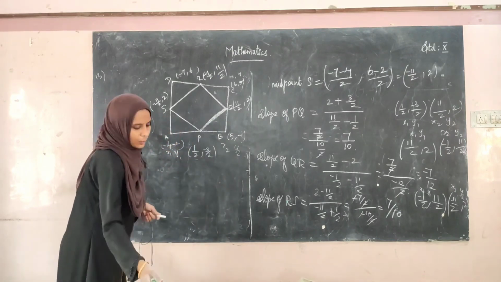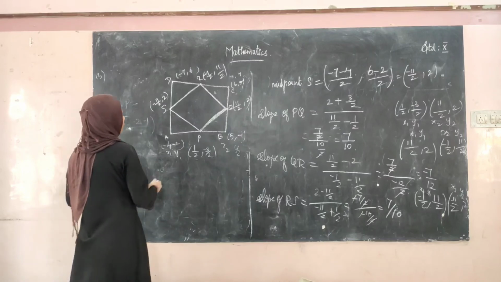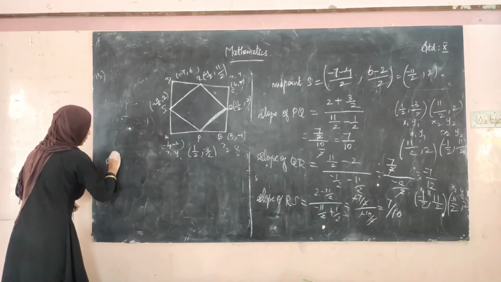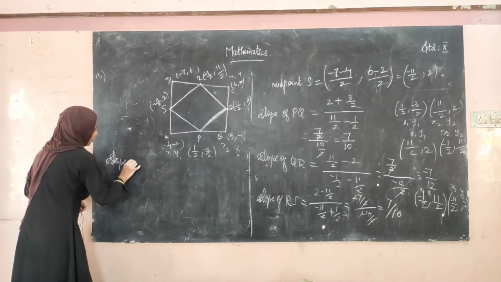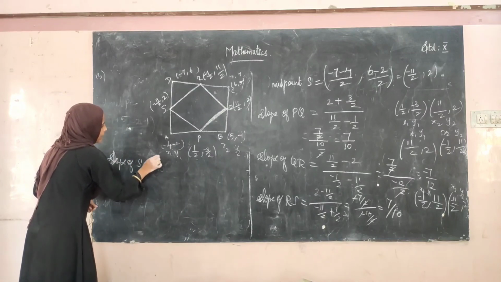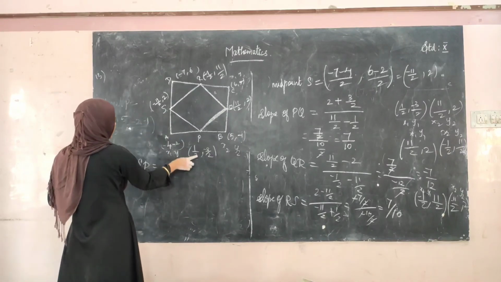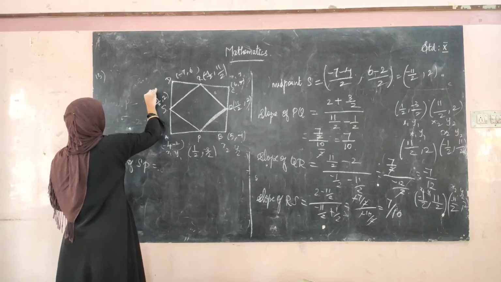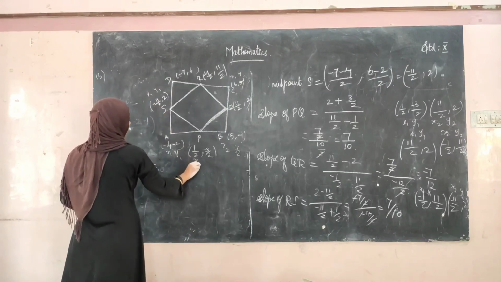After this, another slope we have to find, slope of SP, right? Slope of SP. So this point and this point. So let this be x1, y1, x2, y2.